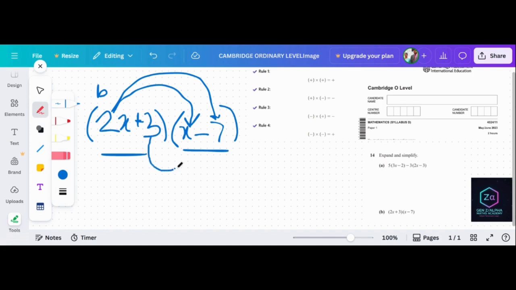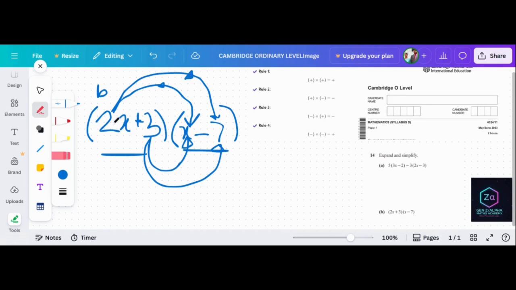We multiply it with the first component of the second bracket, and with the second component of the second bracket. You have to follow this technique, this line system, when you are doing such questions, right? It is very important.